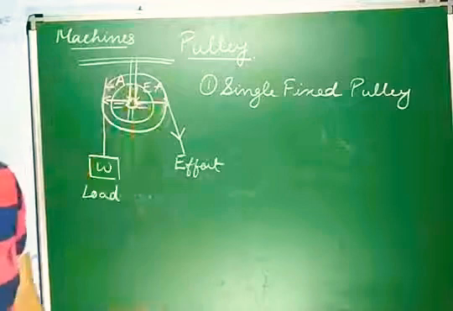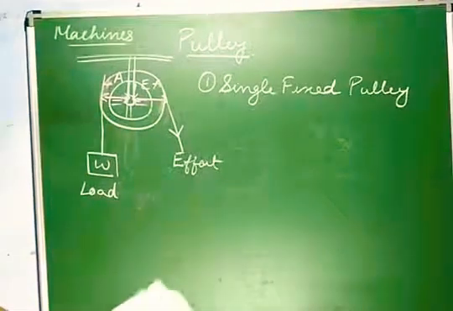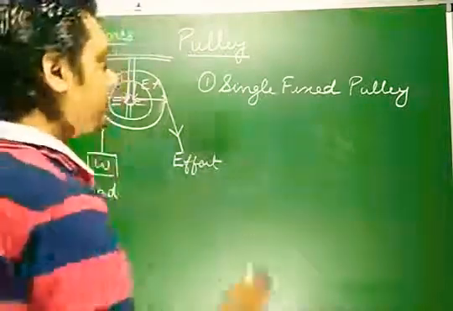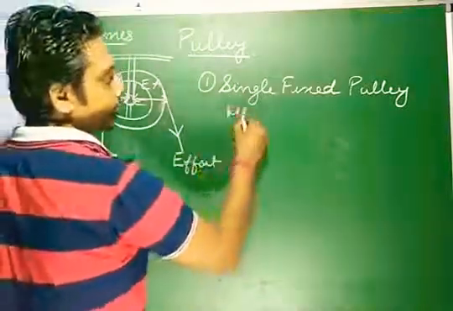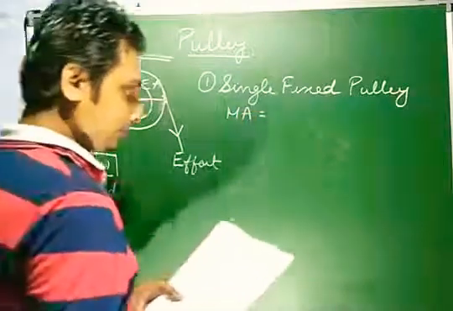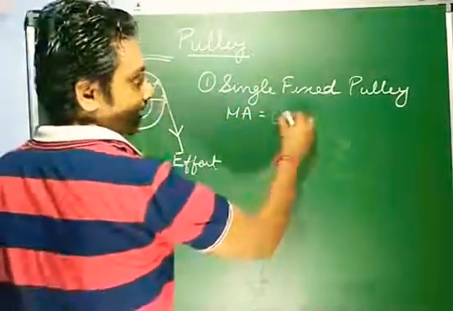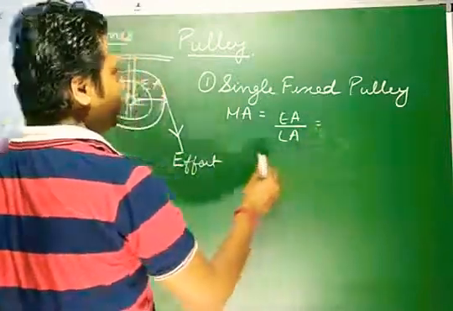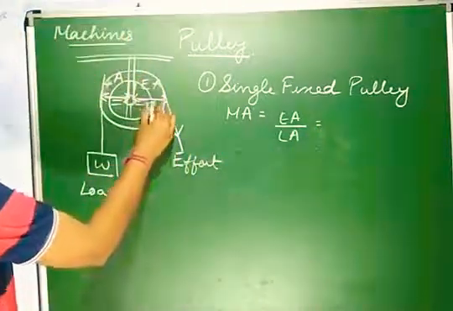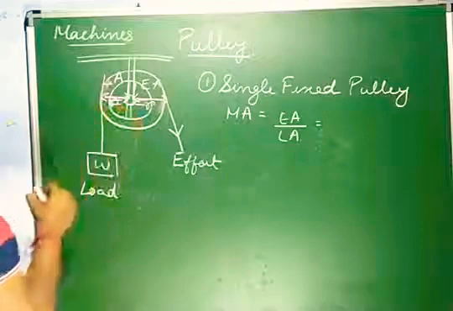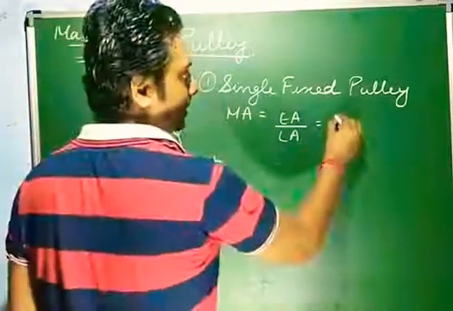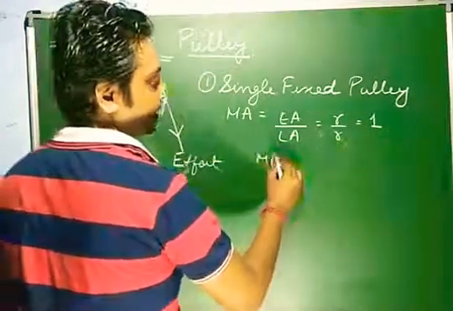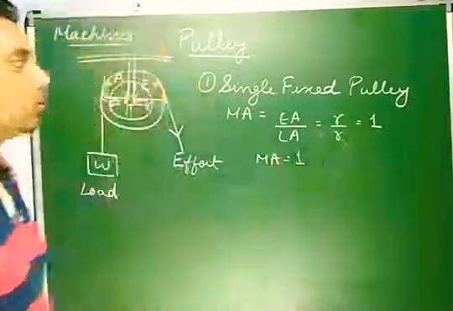Therefore, if we want to find the mechanical advantage, mechanical advantage is equal to effort arm divided by load arm, and since both are the same, say if we call this R, then this also is R distance. So what do we write? R by R. That is, its mechanical advantage is 1.